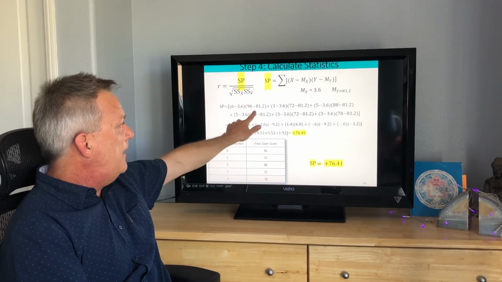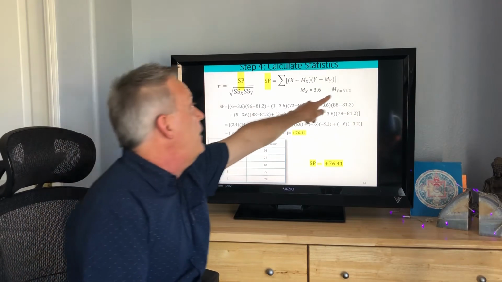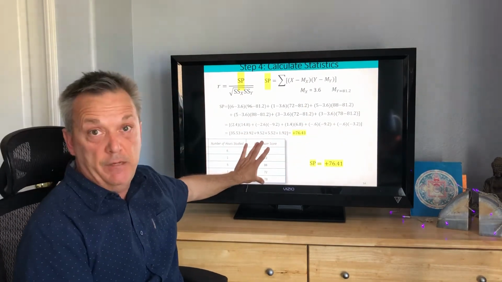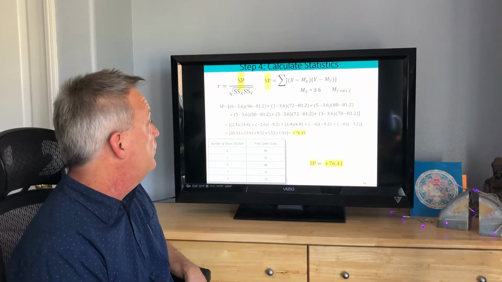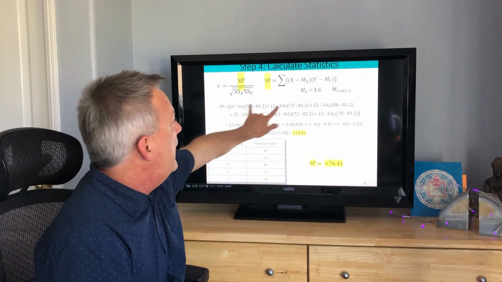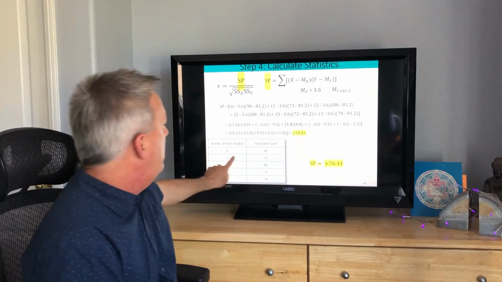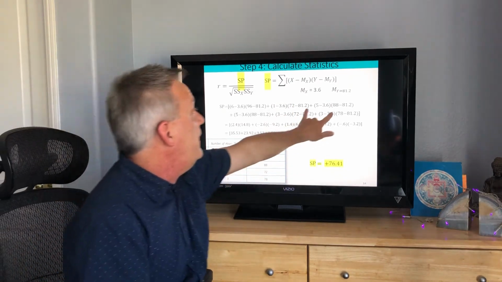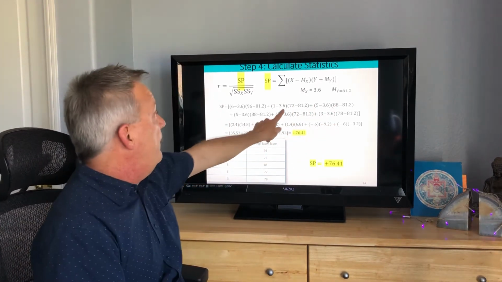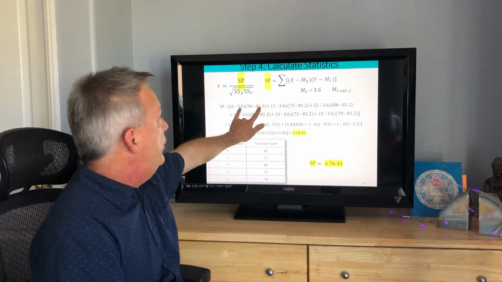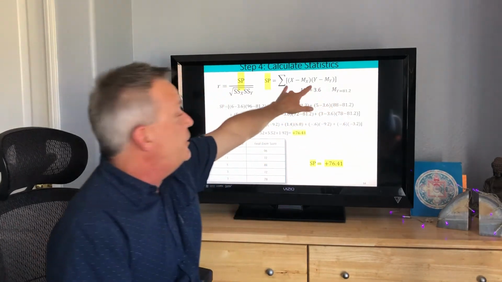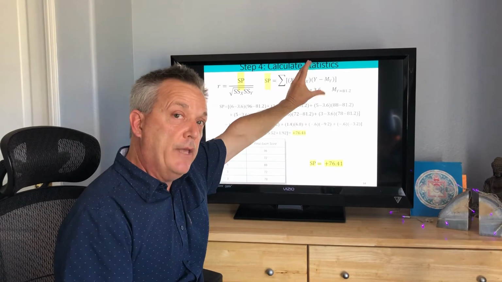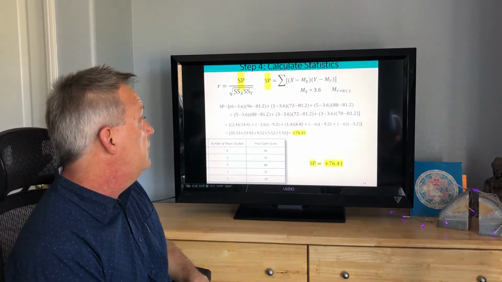You're going to multiply by minus 81.2, which is the mean of the final exam scores. So we do that, plug that in for the next one, 1 and 72, right? 5 and 88. And then 3.6, 81.2, notice that they're the same. And I just keep on plugging in that equation, right?